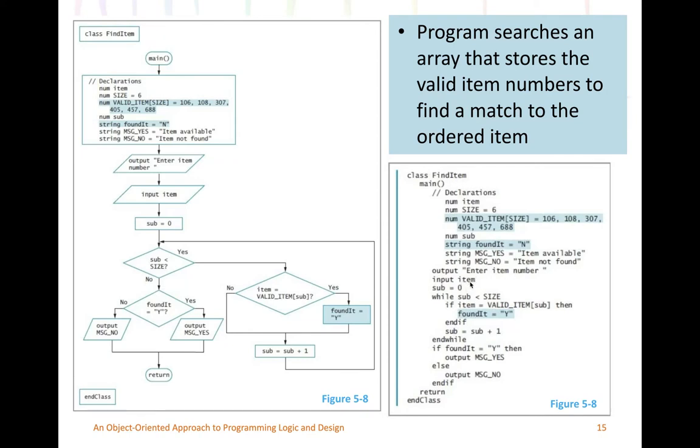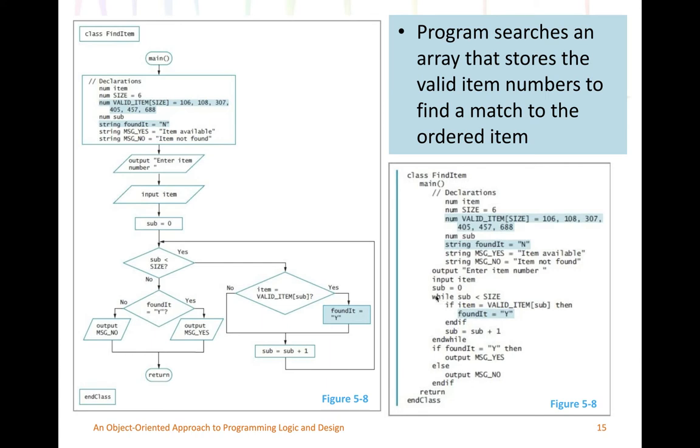We're going to get that input from the user, and it's going to be sitting in this variable that was declared called item. Then we're going to set our subscript to 0, because remember, our array subscript starts at 0. So they're going to say, let's start searching at the very first element in the array.